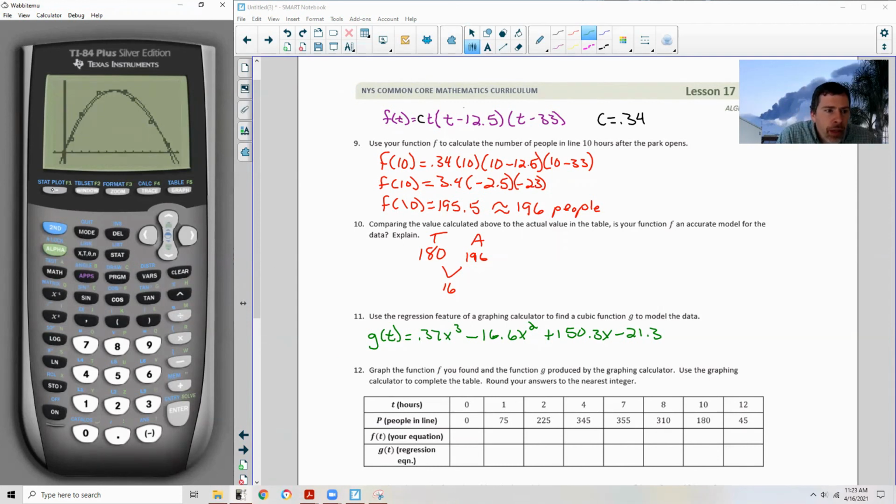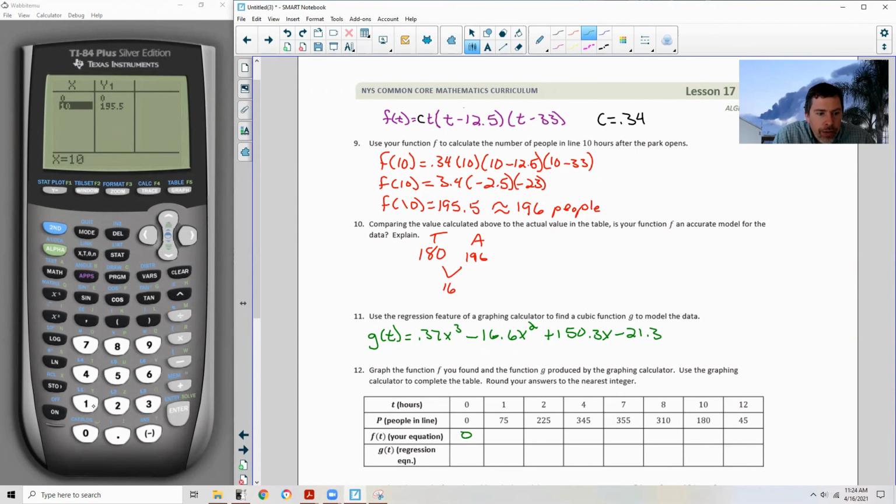All right. So if I go back to y equals, and I want to enter my f of t values, then I'm going to turn off this one to eliminate confusion, and I hit second graph, and now I'm going to enter those values for x. 0 gave me 0. This is my f of t.